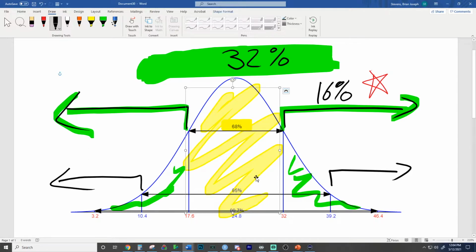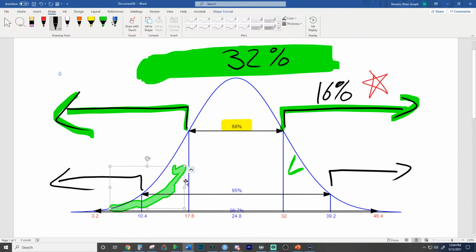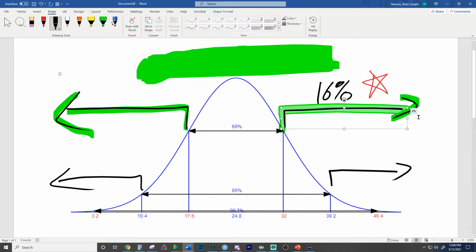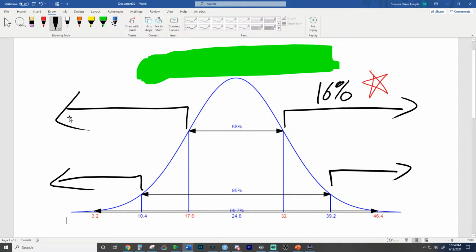What percent of area is in between here? And so now we're going to talk about, this is where it gets a little trickier. What percent of area is in between here?